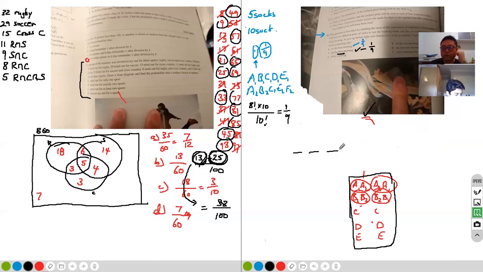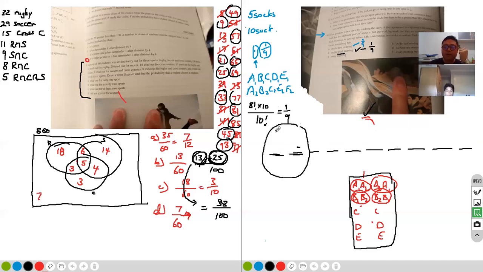No. Let me show you how we do this. So 1, 2, 3, 4, 5, 6, 7, 8, 9, and then 10. We want matching pairs for the first two mornings, right? How many ways can you match pairs for the first morning? We worked out 10, right?